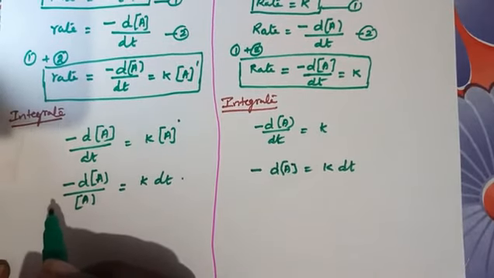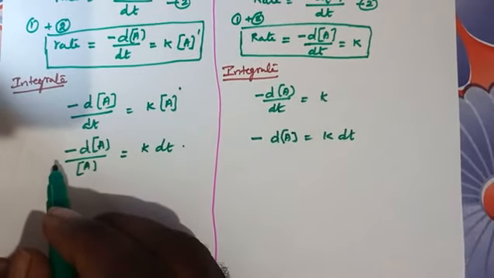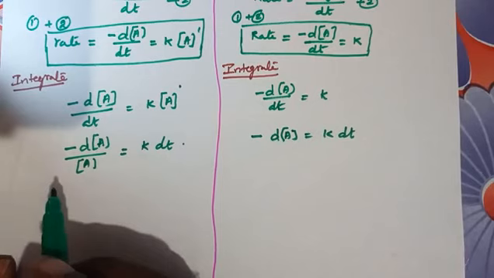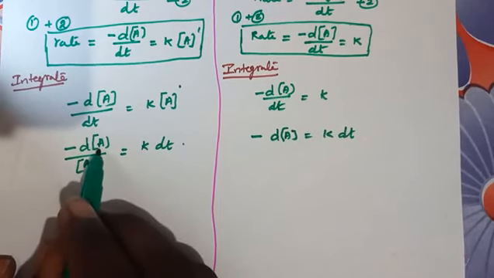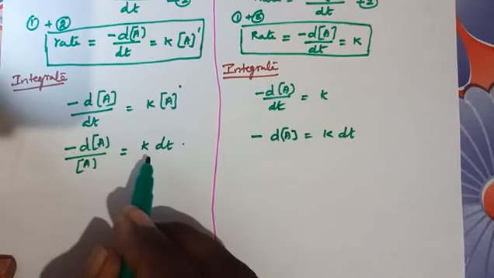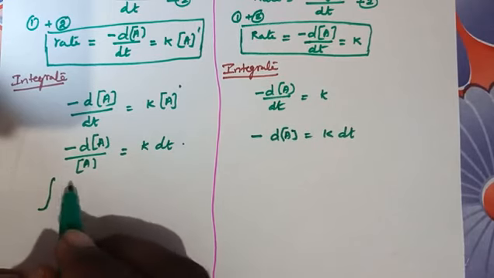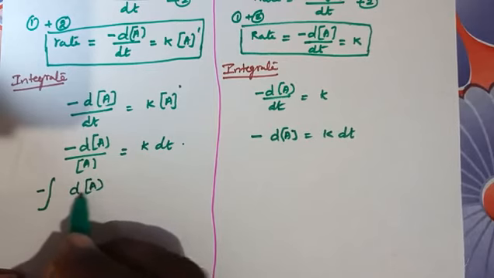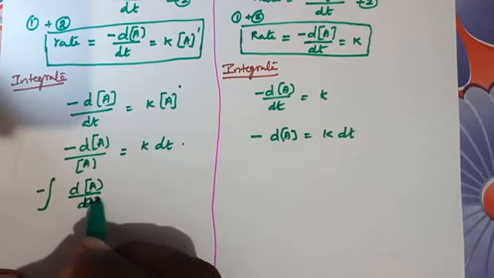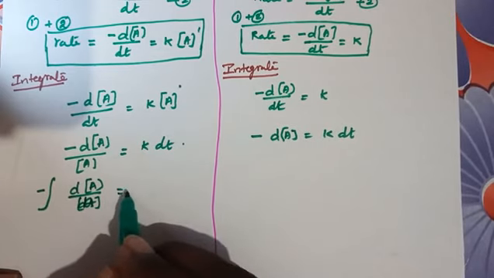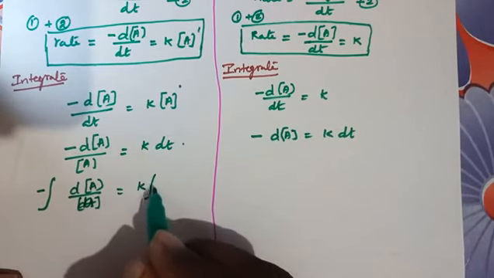Now we are going to integrate by applying limits, the initial and final values of concentration A and time. Integration of minus d concentration A divided by concentration A is equal to k into integration of dt.